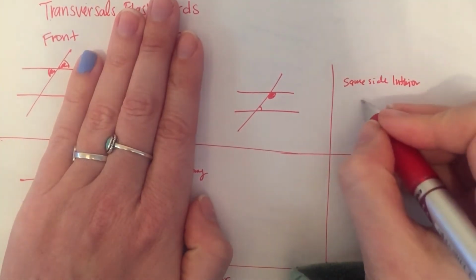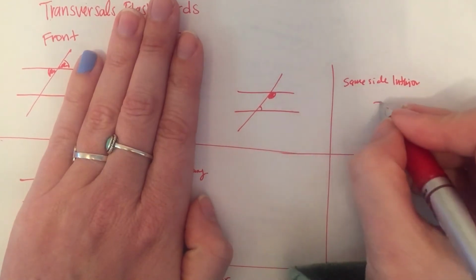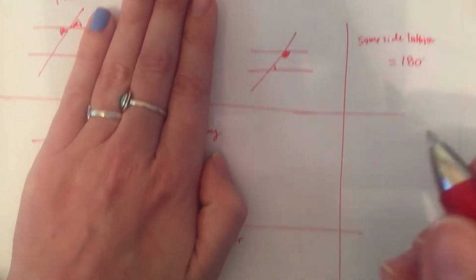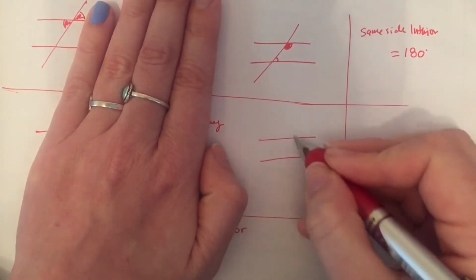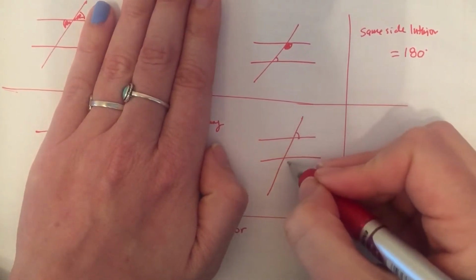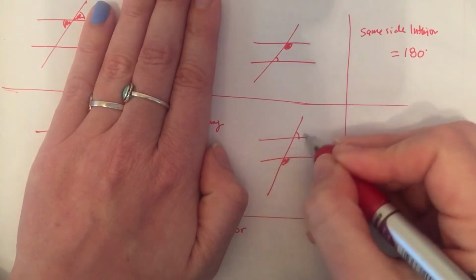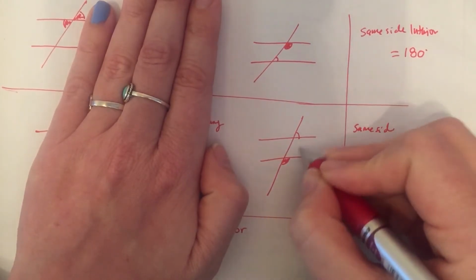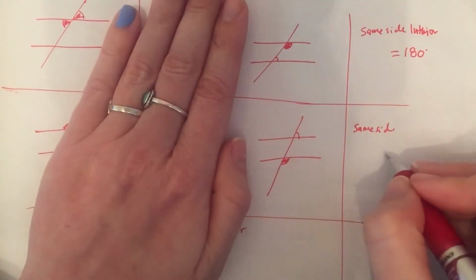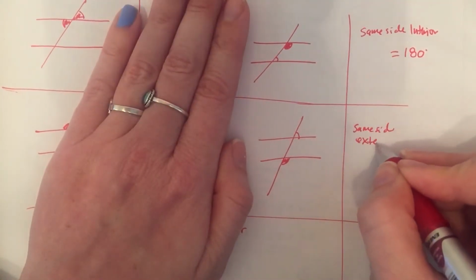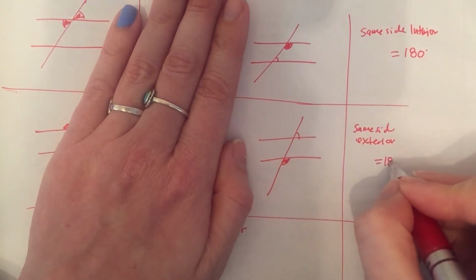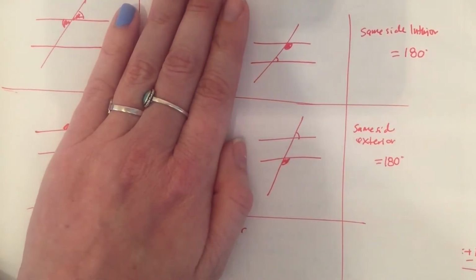They would be different sizes, so they would both add up to equal 180 degrees. Same side exterior, because they're outside of the parallel. They are also different sizes, so they would equal 180 degrees.